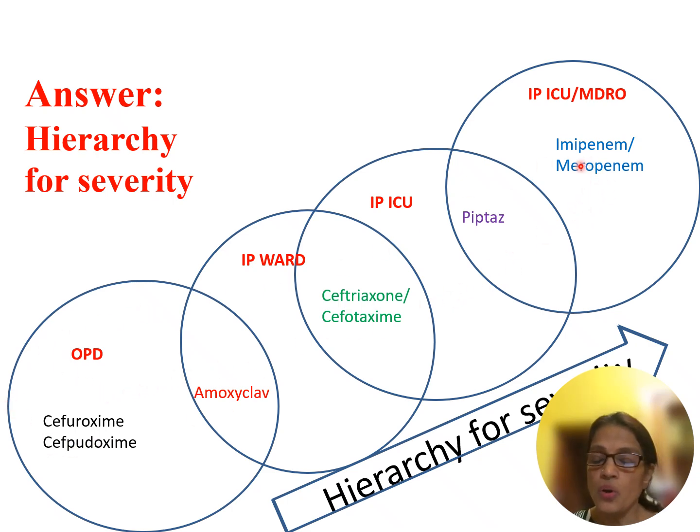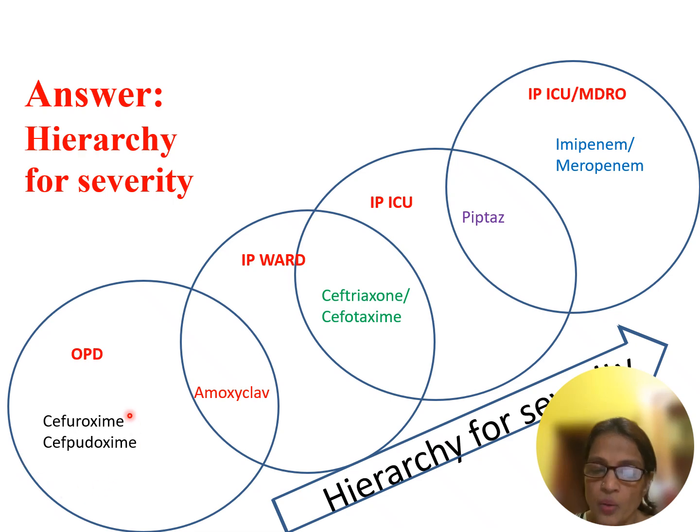I was telling you we need to target these organisms causing lower respiratory tract infections using one beta-lactam antibiotic, the other one being a macrolide or doxycycline. So what is the choice of beta-lactam antibiotics? I've tried to simplify the guidelines given by ICMR into this simple format of a Venn diagram.